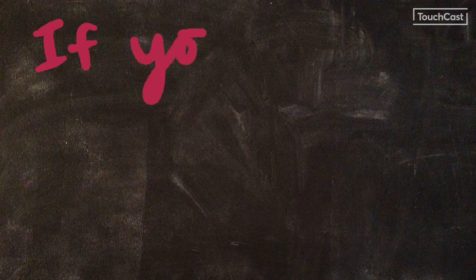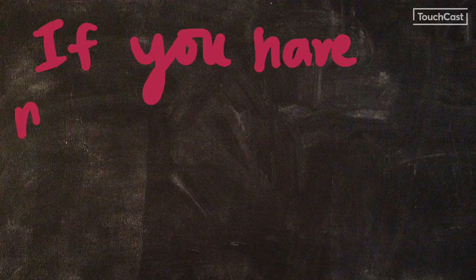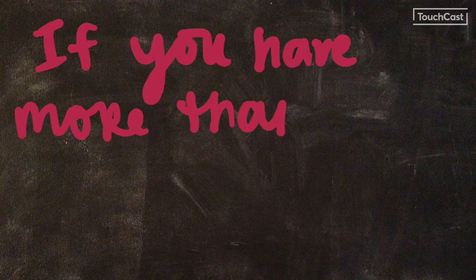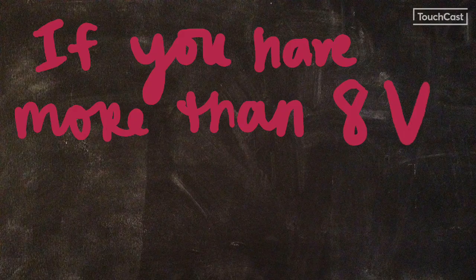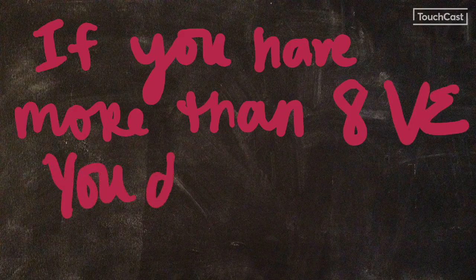Now, there's one more thing I want to remind you of as we move forward, and I'm going to write this really big on the entire slide because it is that important: if you have more than 8 valence electrons, you did something wrong.